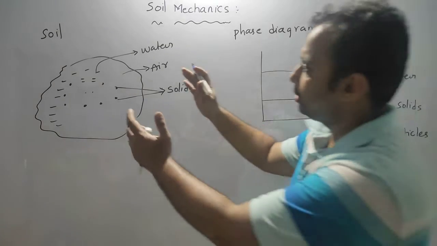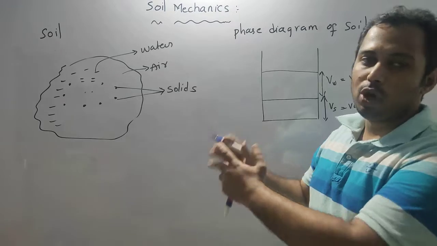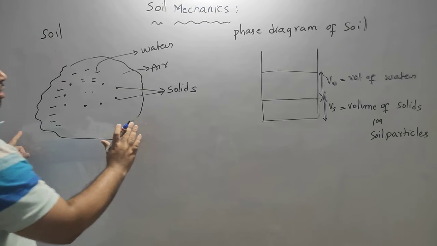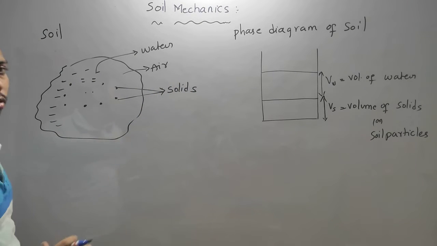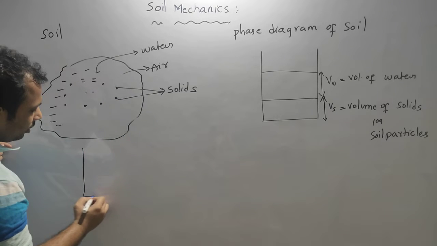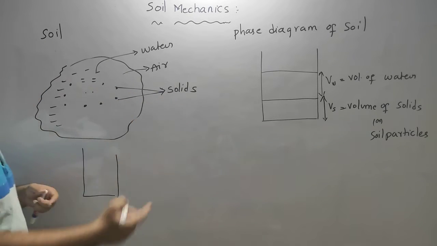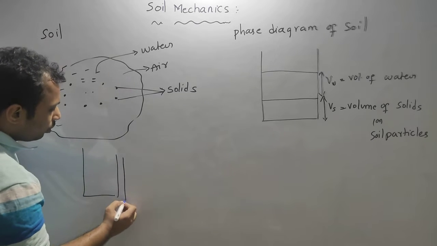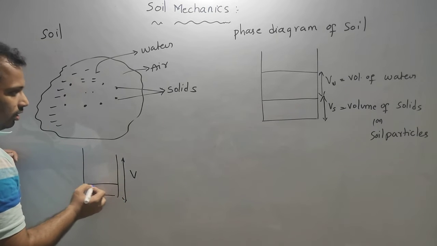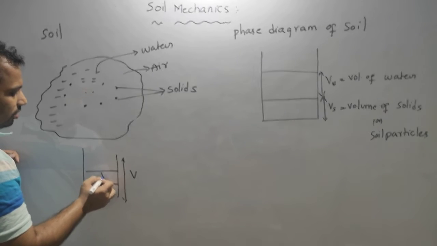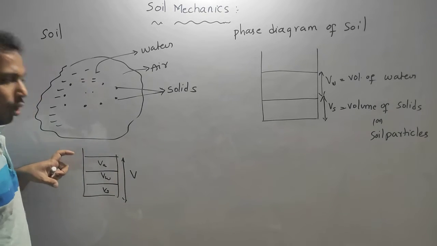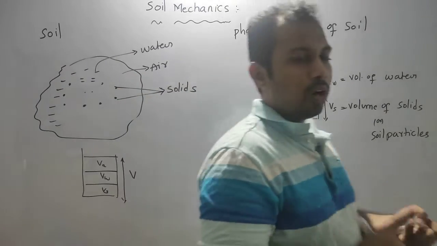Now if I take the same soil into a jar, without differentiating the solids and water, I have taken this soil completely in a jar, without bifurcating water, solids and all. So now I got the total volume as V. So if this is Vs, this is Vw, this should be what? Volume of air only. So soil may have solid, water and air.